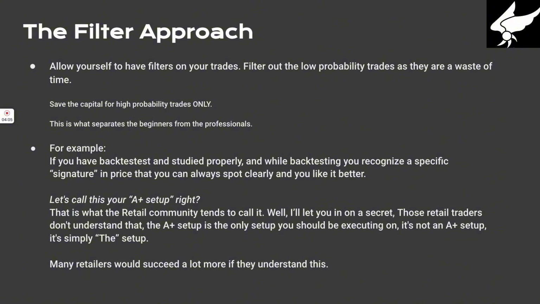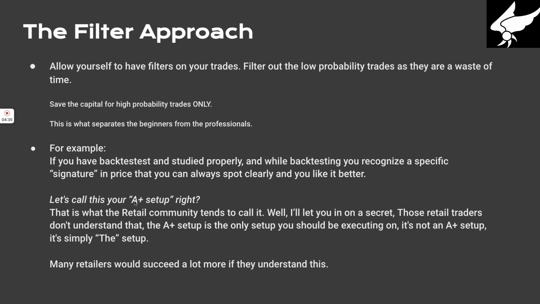So let me simplify. When you're backtesting, you're going to see some setups form. Higher probability setups, or A+ setups, and you'll find some lower probability ones as well. You're going to execute the A+ setups and the B+, C+, etc. setups. Why? Because you categorized the best setup as your A+ setup.